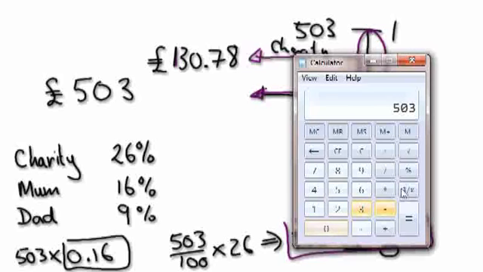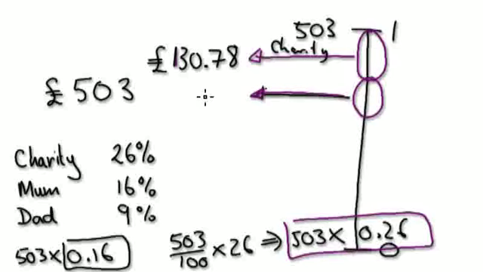Oh, I made a mistake somewhere. Let me start again. 503 times 0.16 equals 80.48. So this is the amount that goes to mum.